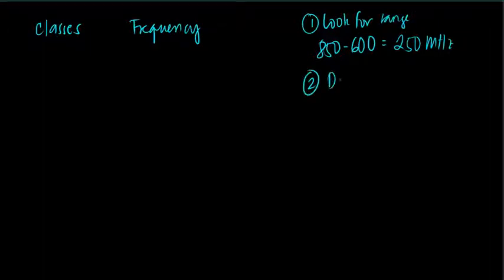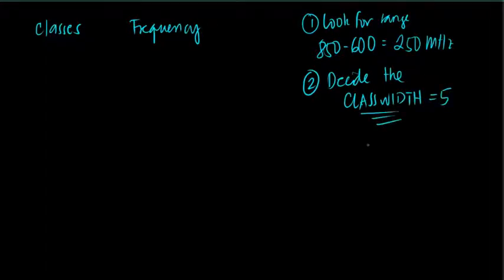Now, I have decided, right? So, decide the class width. For my class width, I decided it's going to be 5 classes. Therefore, it's 250 divided by 5, or 50. 50 is our class width.